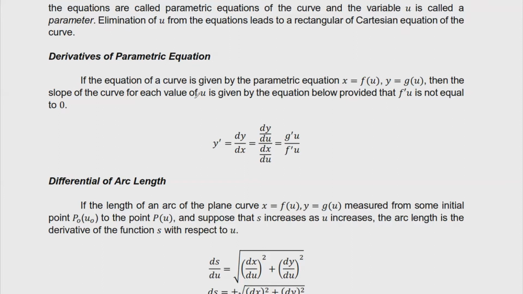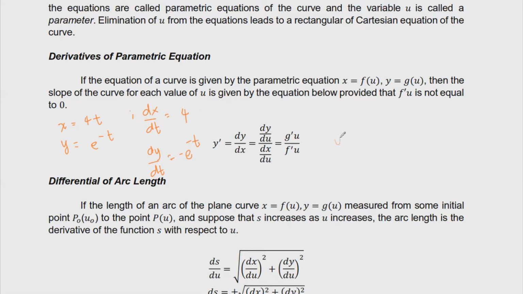So let's give a very short example. If, for example, x is equal to 4t, let's just use t instead, and y is equal to e raised to negative t. We know that dx over dt is equal to 4, and dy over dt is equal to negative e raised to negative t. We know that x prime of t is not equal to 0, so it satisfies the condition that we have a slope.